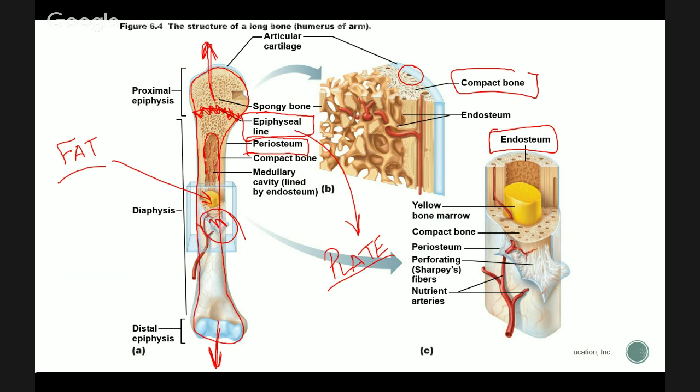You'll find that the long bones in adults are filled with yellow bone marrow. But the medullary cavities in adolescents and younger children are filled with red marrow. So there's a switch. As we reach adulthood and continue through adulthood, the red marrow in the long bones is largely replaced with yellow bone marrow.